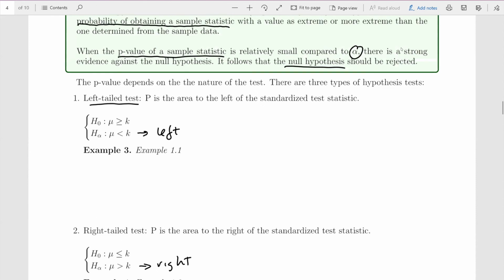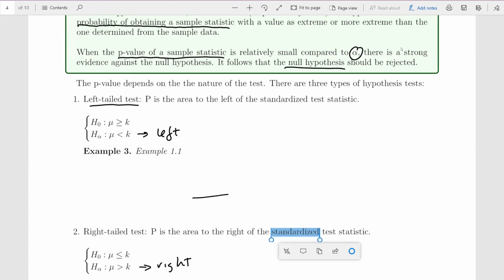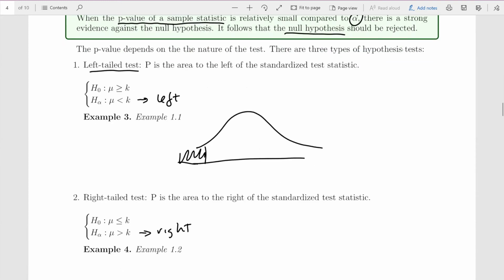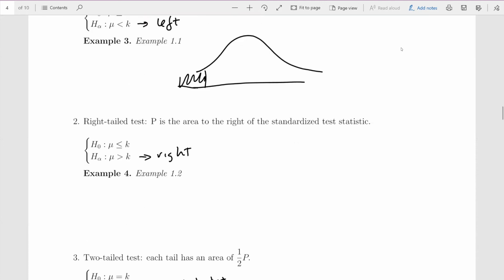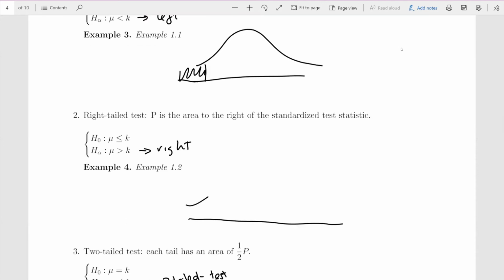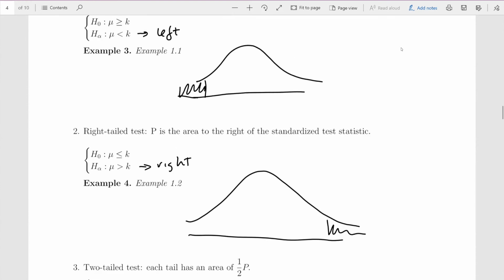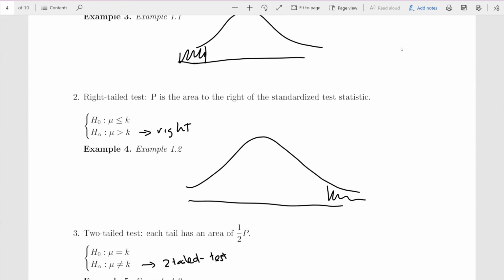Okay, so in the left tail test, the p-value is going to be the area to the left of the standardized test statistic. And in the right tail test, the p-value will be the probability to the right of the standardized test statistic. It can be z or t, right?